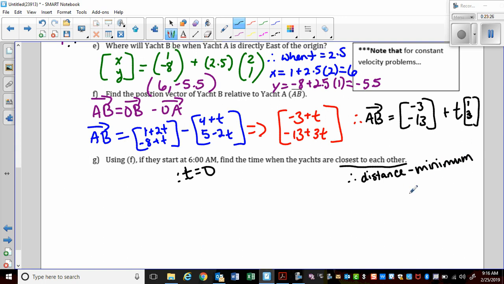And we know the distance between them is the magnitude of AB. So we can find the magnitude of AB: negative 3 plus T squared plus negative 13 plus 3T squared.